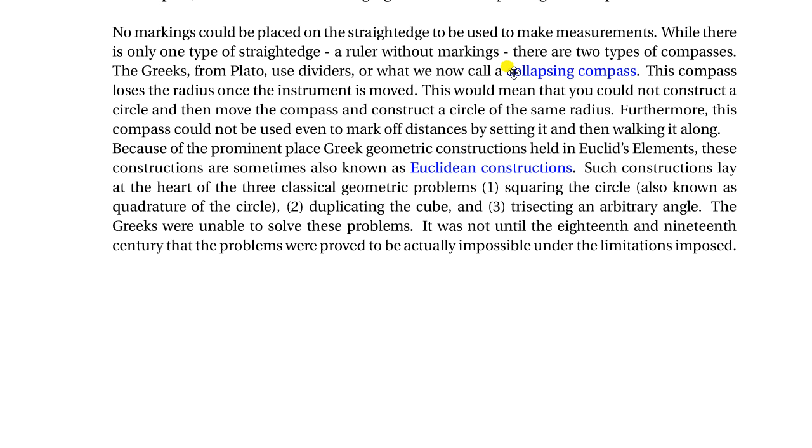Which means when you have a circle at a certain point and you want to make the exact same size circle centered at another point, someone might think, let me take the compass, and without changing the angle of this compass, let me move it and place it over there.